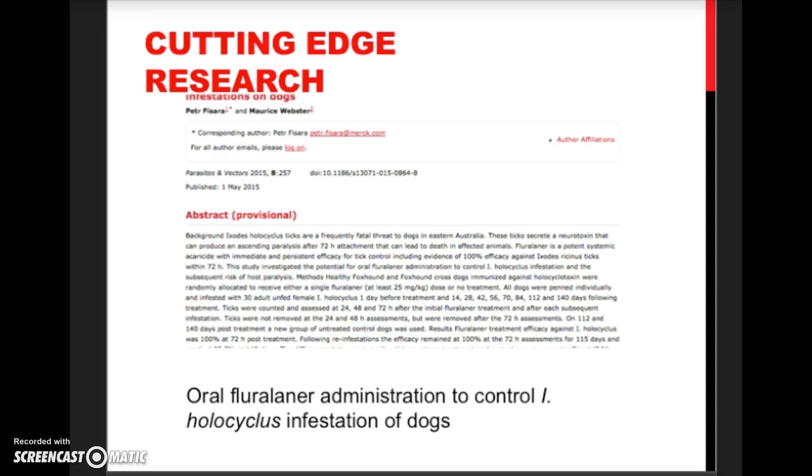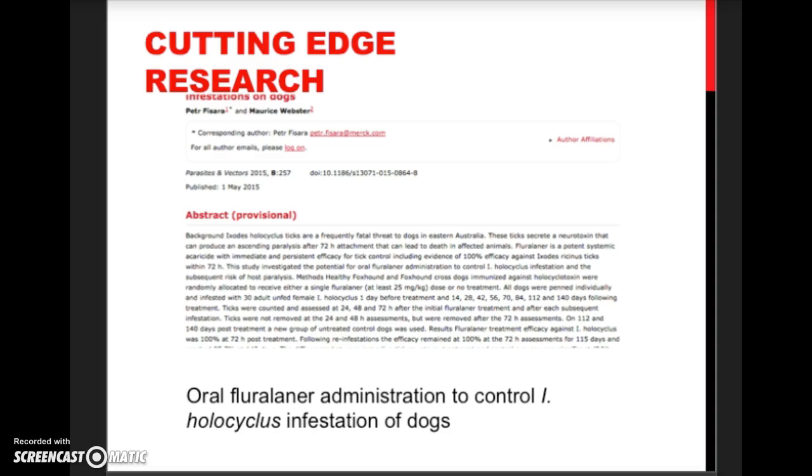And then last, we've got the cutting edge research. This is what really made me interested in this species of tick: it has been known to be very fatal to pets, especially dogs, because of the paralysis. I found this article in which researchers are attempting to use fluralaner.